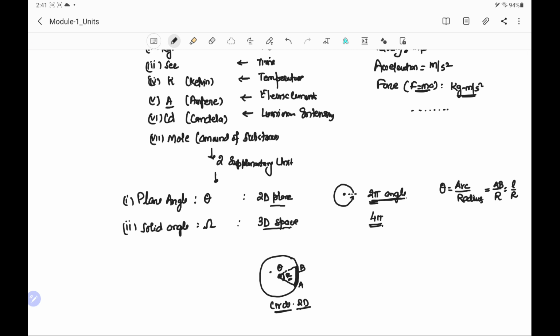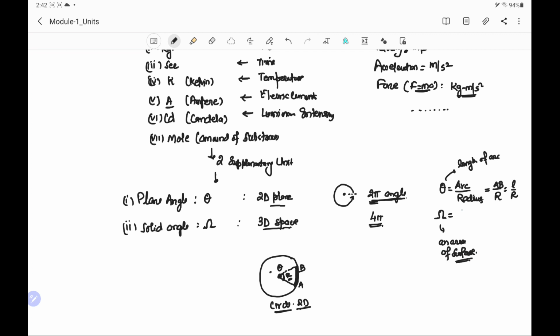Similarly, solid angle is the angle around a point in 3-dimensional space, and total of the sum is 4 pi, and plane angle is subtended by a length of arc, and solid angle is subtended by an area of surface.